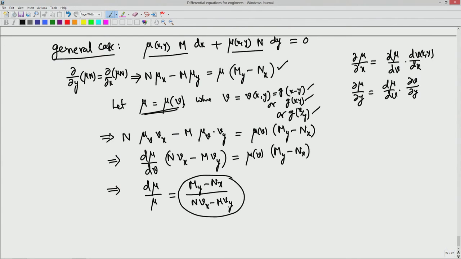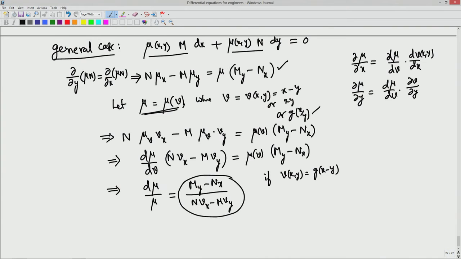Okay. So we can verify whether it's a function of v. See, what is your v? A priori you choose; you can check if v of xy is some function of, let us say, x minus y. Okay. If you want this, then you simply choose v of xy as x minus y.